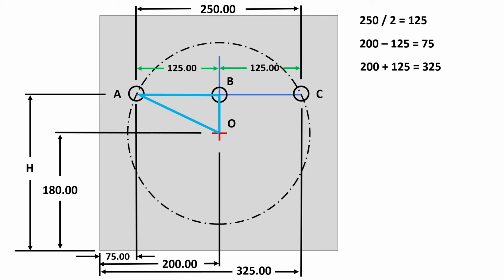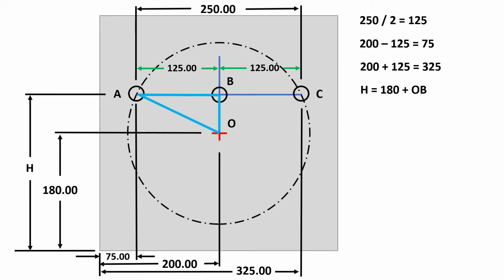If we want to solve H, which is the distance from the bottom of the workpiece to the hole locations, then we need to know the length of line segment OB. H equals 180 plus OB. So we need to solve OB.